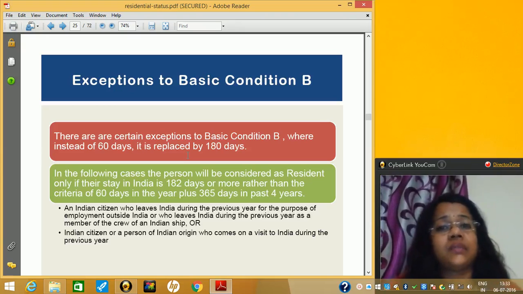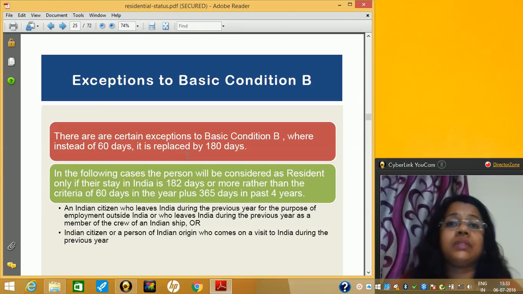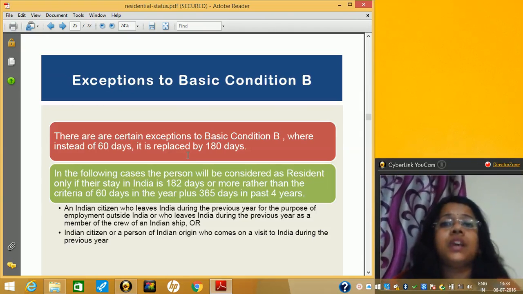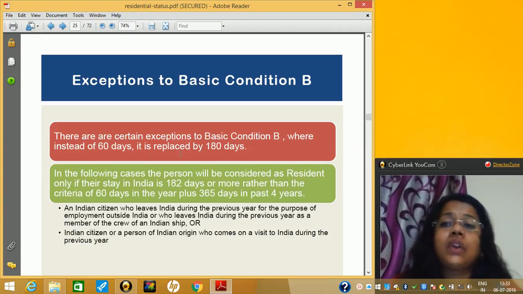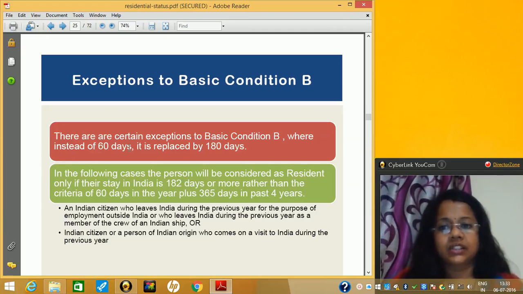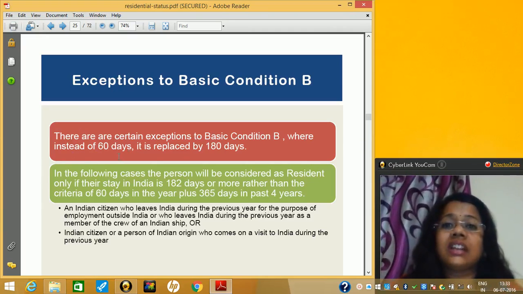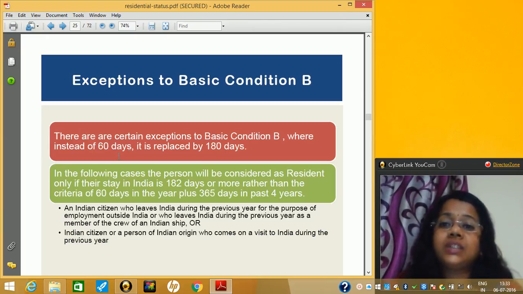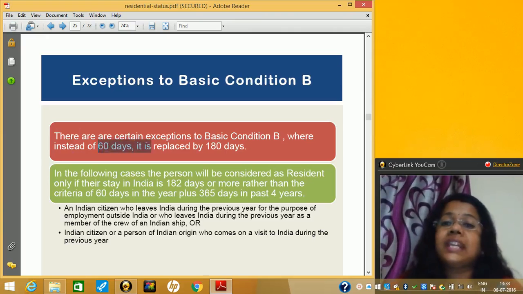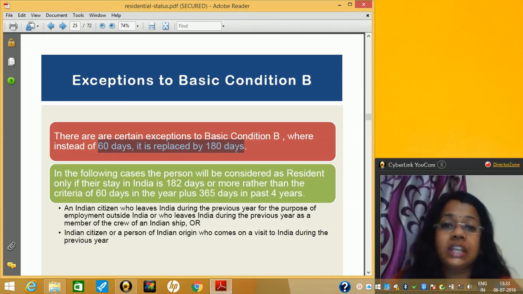If any one of the conditions is satisfied, then he will be considered as resident. If none of the conditions is satisfied, then he will be considered as non-resident. And then we moved on to the exceptions to the basic conditions. There are certain cases in which, in condition B, the 60 days will be replaced by 180 days.